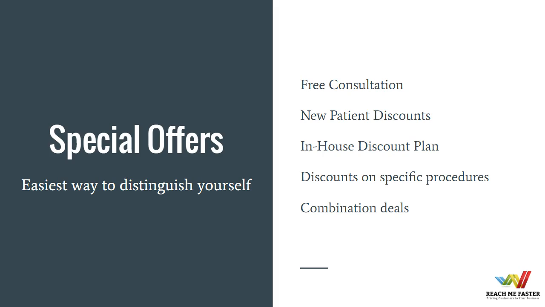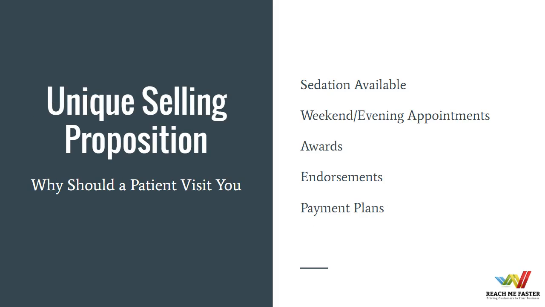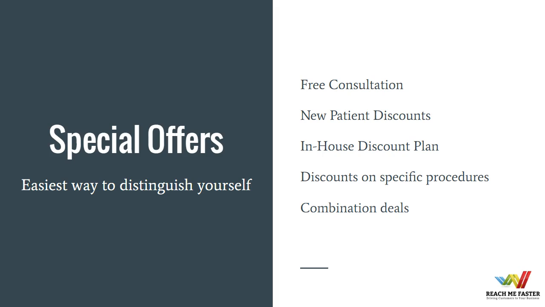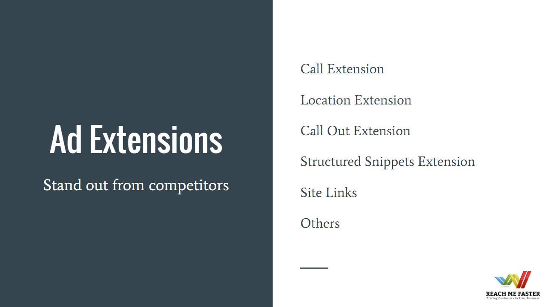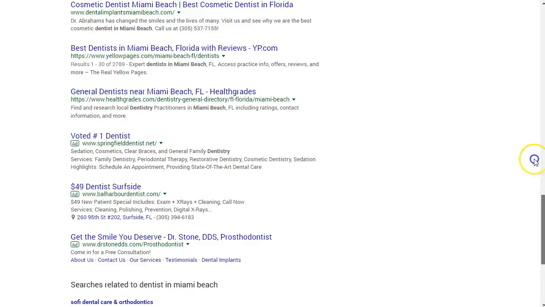And then finally, we've covered a lot as far as copywriting, ad keyword relevance, unique selling point, and special offer. So you might be wondering how you can accommodate all this information in a small text ad. Well, that's where ad extensions come in.